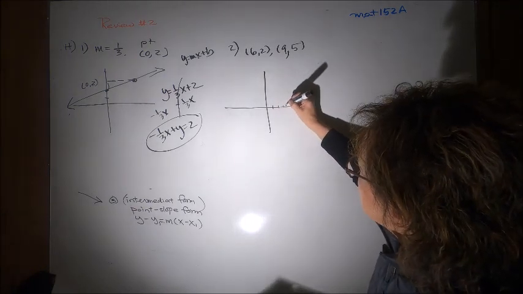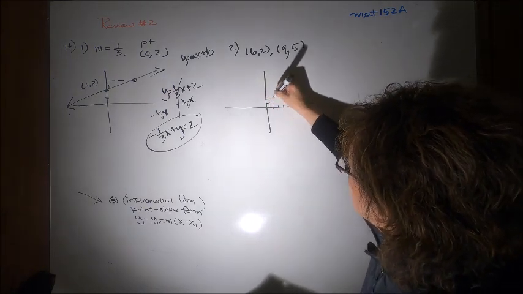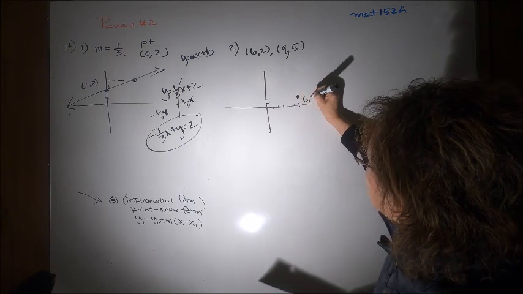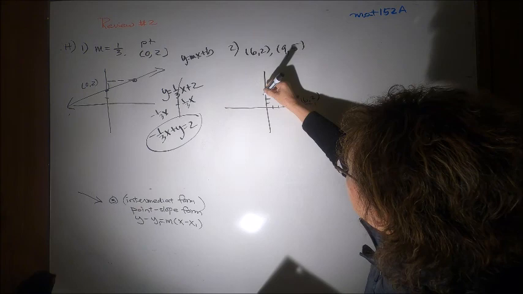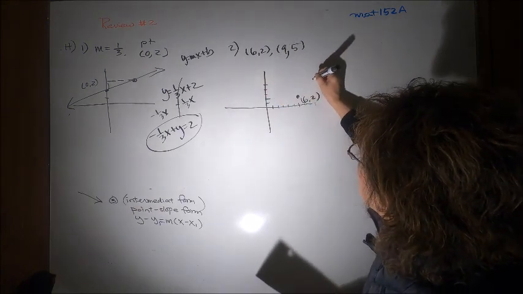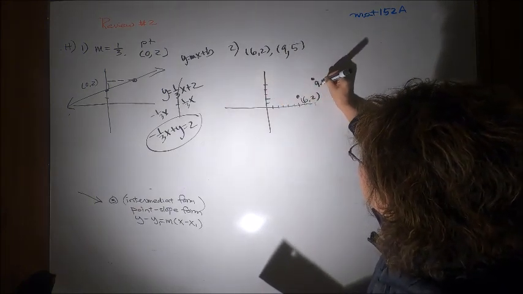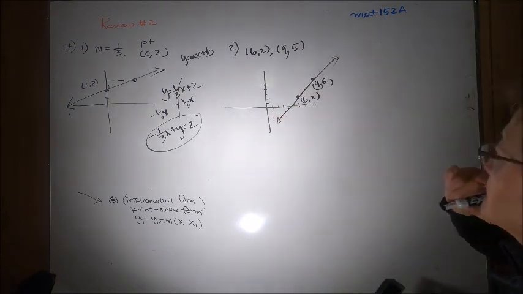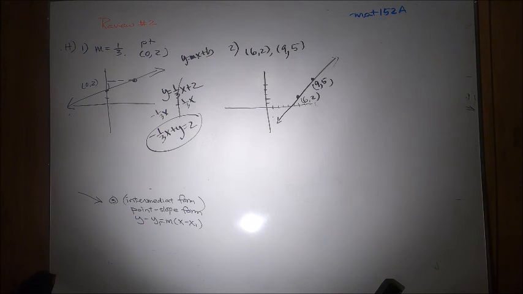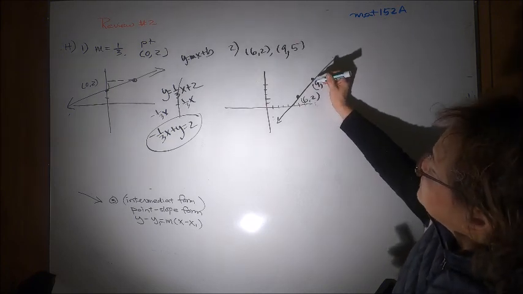So (6, 2), it's right here, right? (9, 5), here 5, 1, 2, 3 more is here, (9, 5). So your line will look like this, right? So do you have a positive slope or negative? Positive, because it goes up.